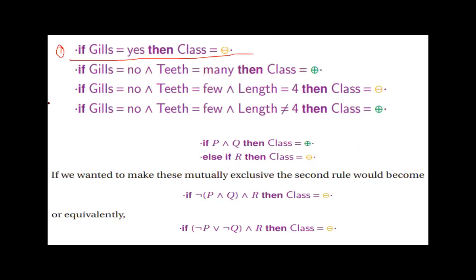If gills is no and teeth many, then class is equal to positive. This is the second rule. Similarly, if gills no, teeth few, and length is equal to 4, then class is equal to negative. This is the third rule. And if gills is equal to no, teeth few, and length not equal to 4, then class is positive. This is the fourth.